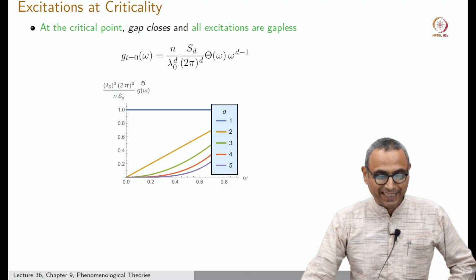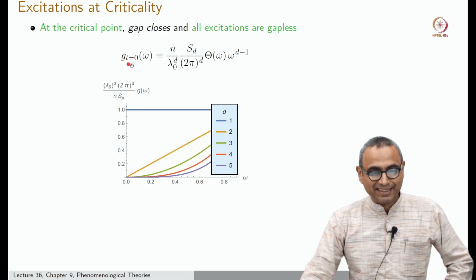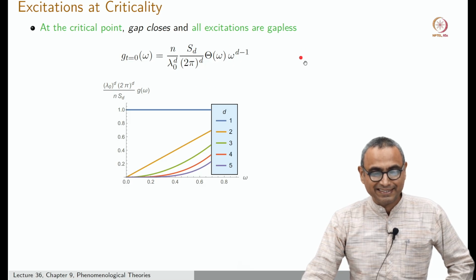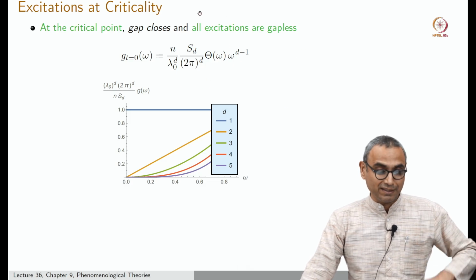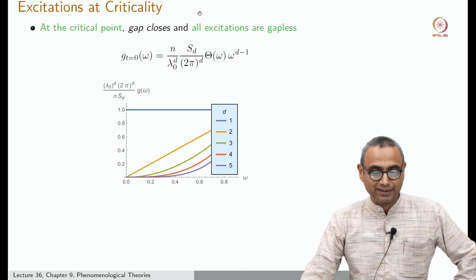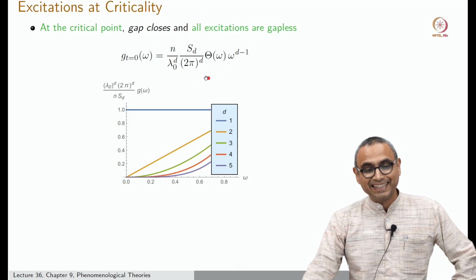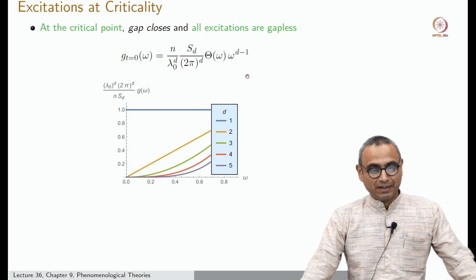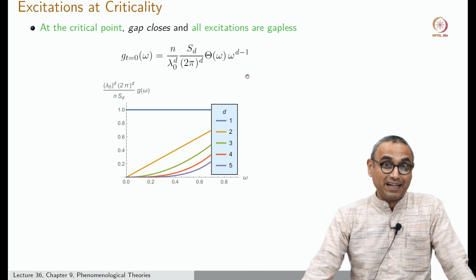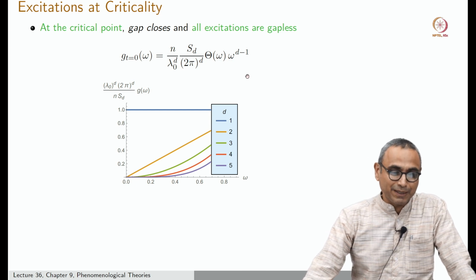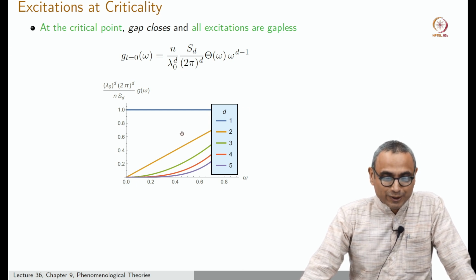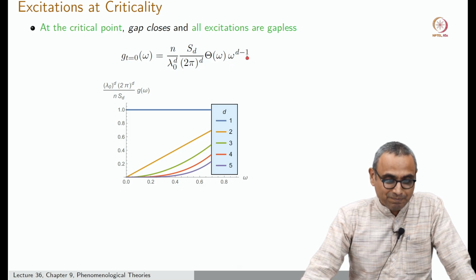Within the Gaussian fluctuation approximation, saddle point plus Gaussian approximation, G at the critical point goes as this. And this, friends, is the clue to our understanding of what is happening in the Ginzburg-Landau theory. You will see that this goes as omega to the power d minus 1.